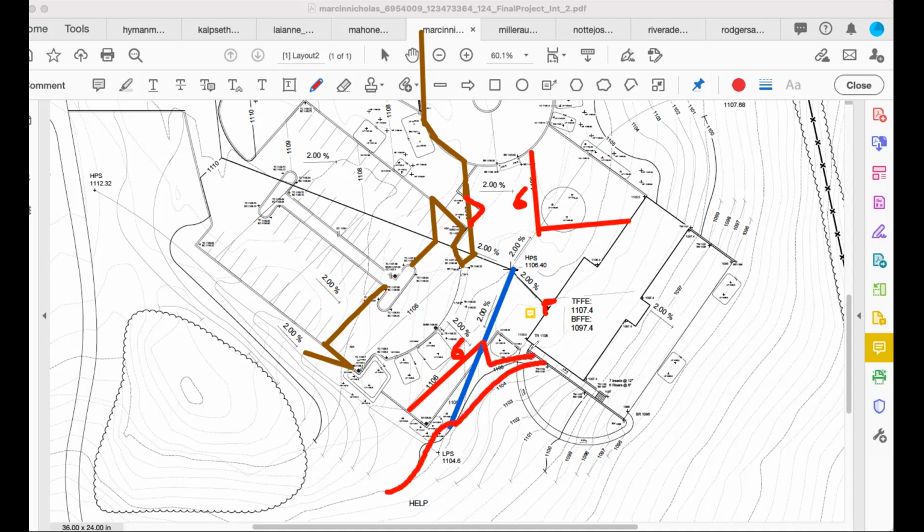This area, because of the ramp, it does need to do something like this. Just make sure this 7.4 seems high. If you have a little bit of contour here, your TFFE would be pretty close to 7. If you don't, then it is actually below 7.